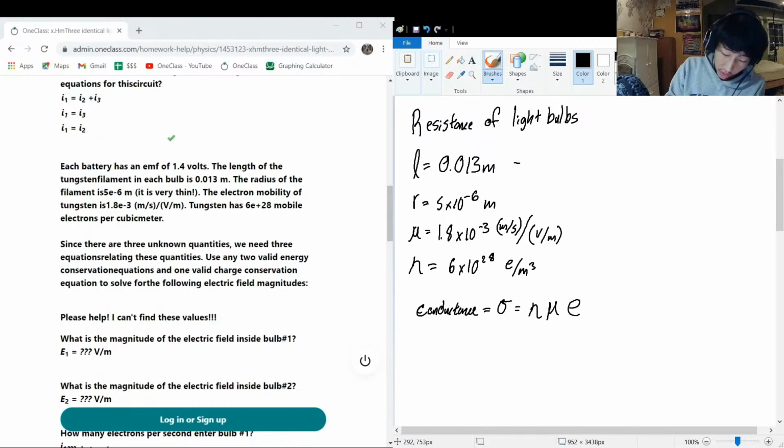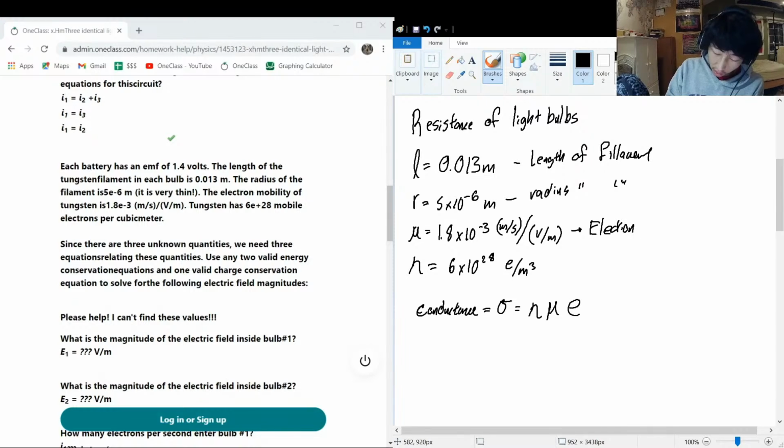I'll just write in what these are: length of filament, radius of filament, this is electron mobility, and this is electron density.